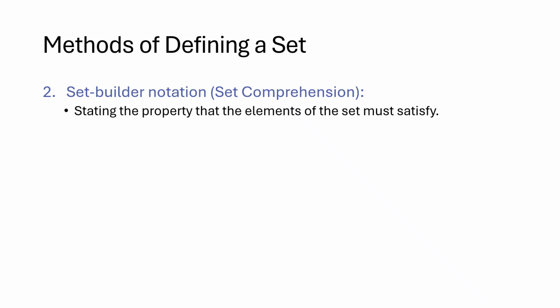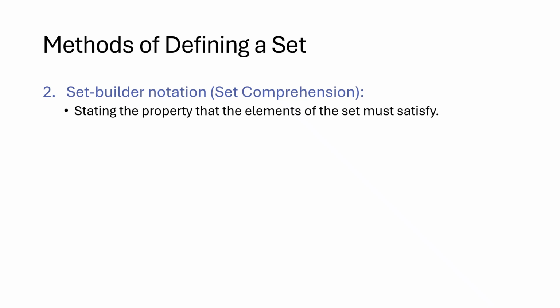But as soon as your set has a larger number of elements, maybe 1,000, for example, you can see that this method is not practical. Even more importantly, we will see sets that have infinitely many elements. The set of integers that are greater than 7: 8, 9, 10, 11, 12, and so on. And so on means it's infinite, so you cannot write all the elements down. This second method is particularly useful in these scenarios.